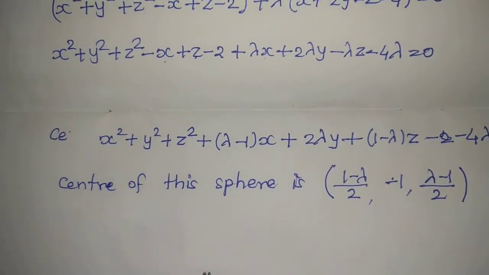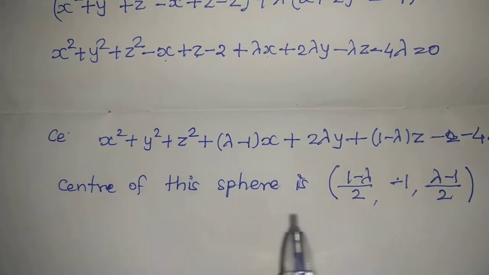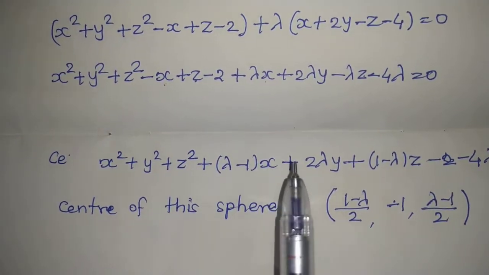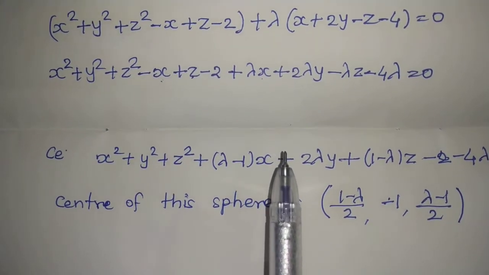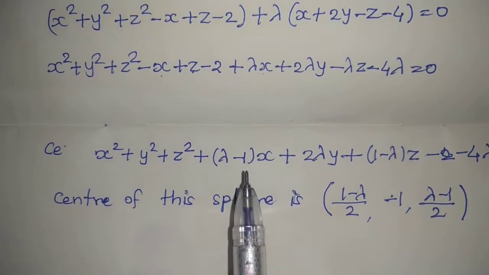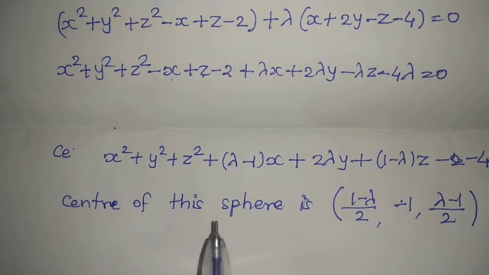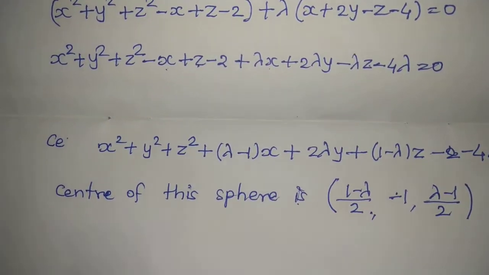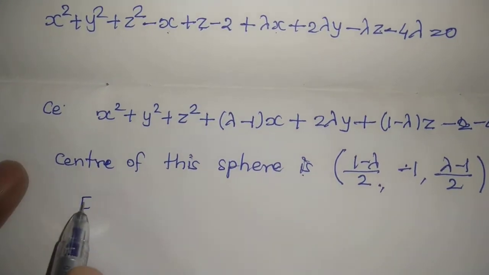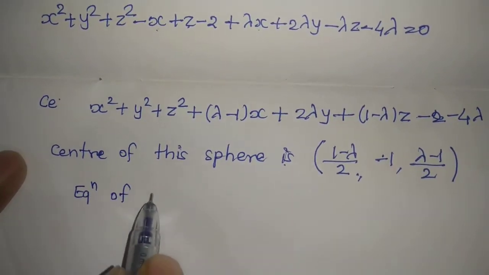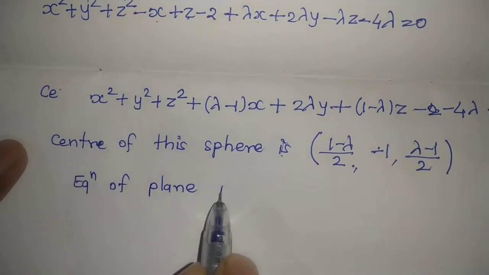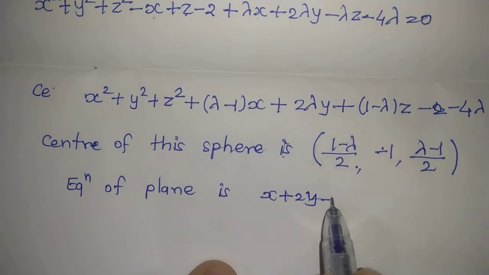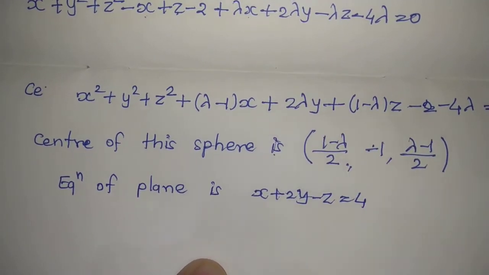Now we have to prove that the equation of this sphere, see what is the second part, the equation of this sphere which has this circle as one of its great circles. It means the center of this sphere lies on the given plane. So what is the equation of the plane? The equation of the plane is x plus 2y minus z is equal to 4.